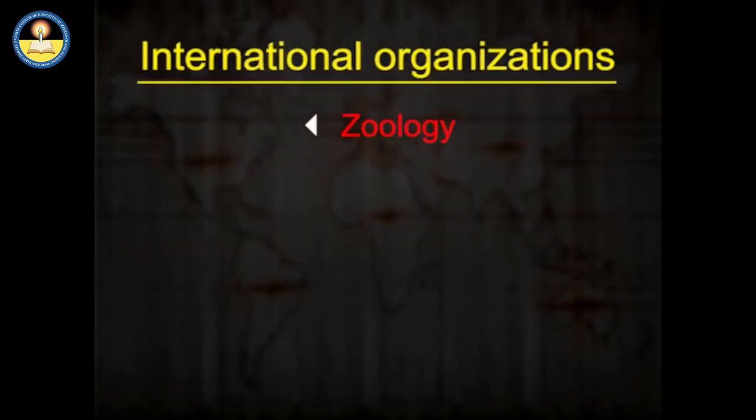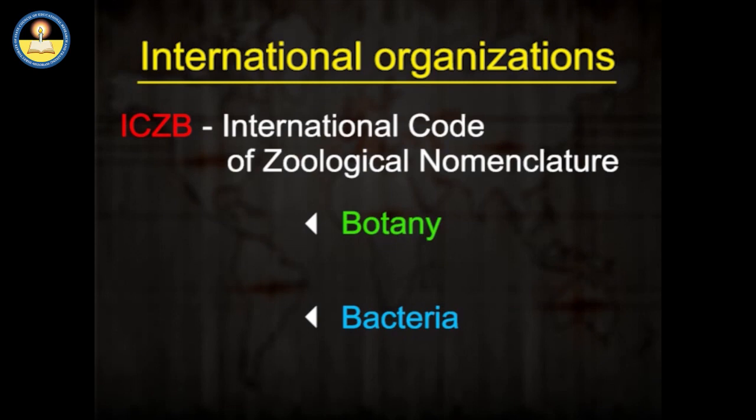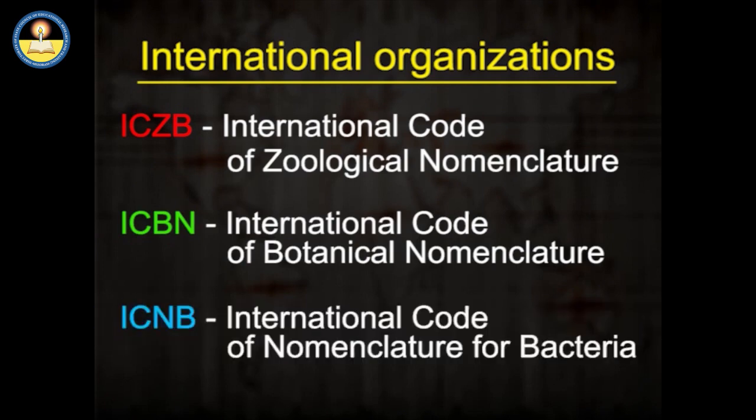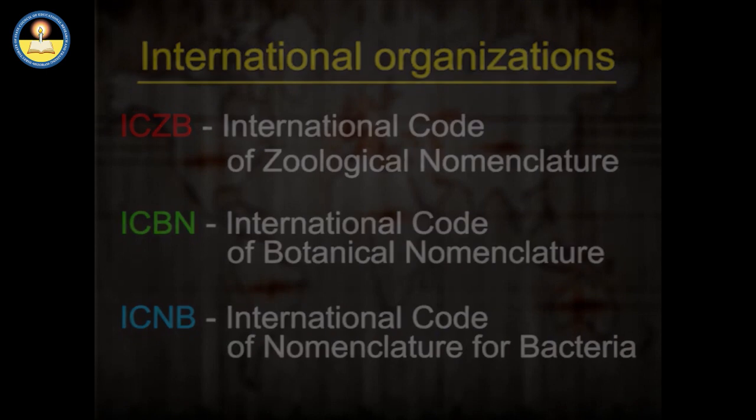One for zoology, one for botany, and the third one for bacteria. These are the International Code of Zoological Nomenclature, International Code of Botanical Nomenclature, and International Code of Nomenclature for Bacteria.